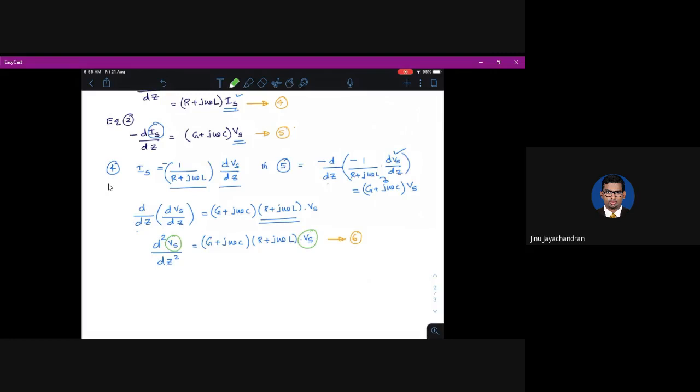Okay, so let me write this term. It's a very lengthy term, and I don't want to always carry it whenever I want to use the equation. So I'm going to write this term as gamma square. I write gamma is equal to root over (G plus j omega C) into (R plus j omega L).